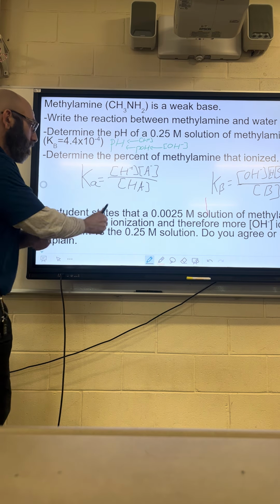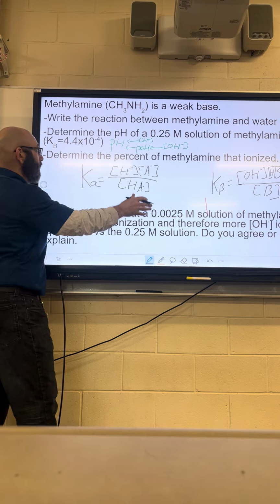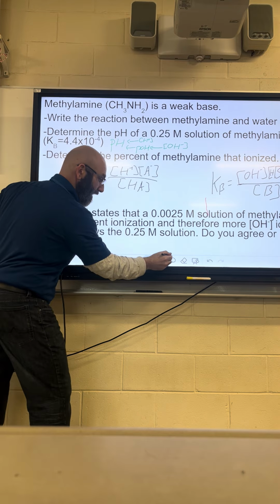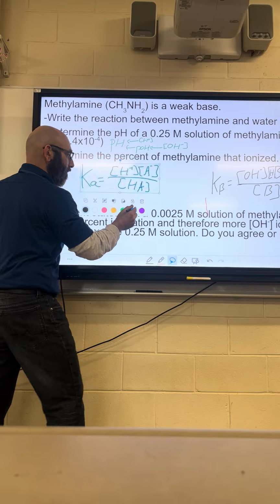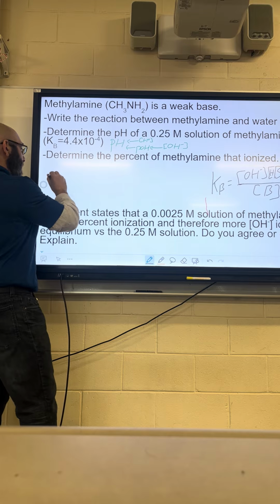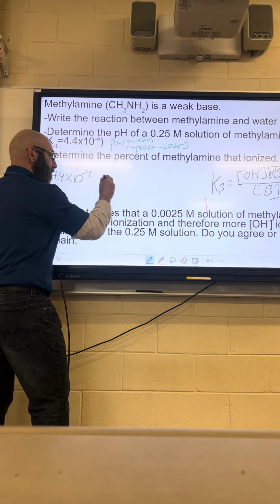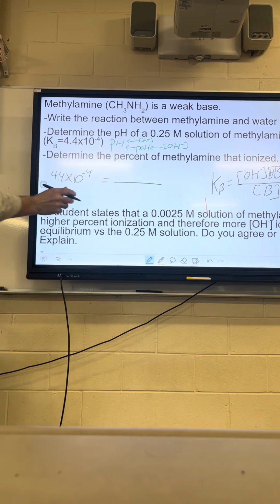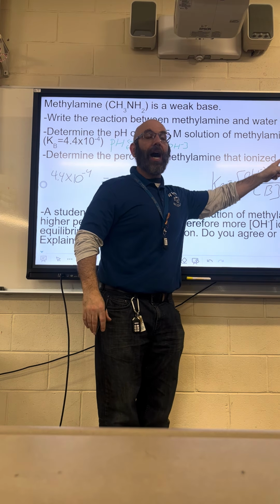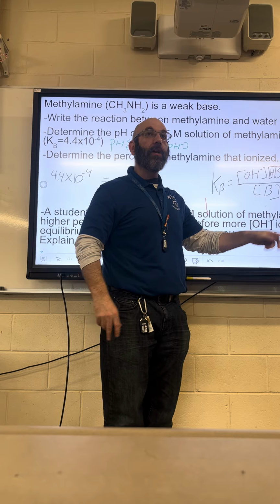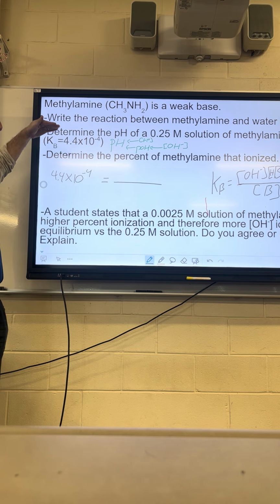Well, of these two, which one should we use? Left or right? Because we don't have Ka, we have Kb, and we're not making hydrogens, we're making hydroxide, so I'm going to throw this one out. Well, Kb is 4.4 times 10 to the negative fourth, of the hydroxide, the conjugate acid, over the base. Which value do we also know? What does the 0.25 represent?